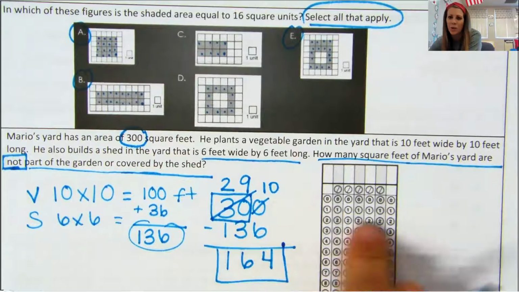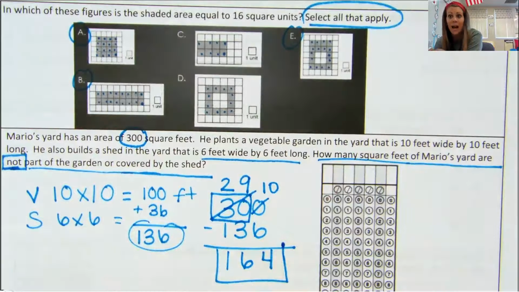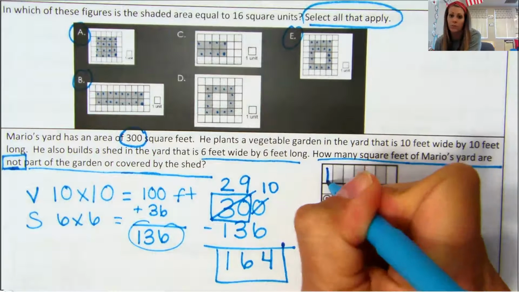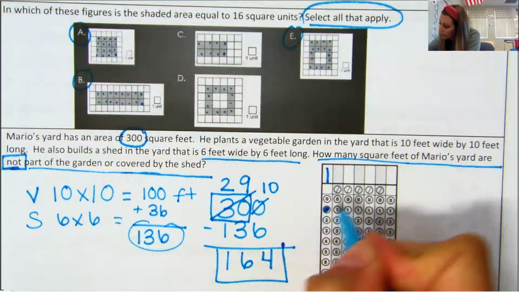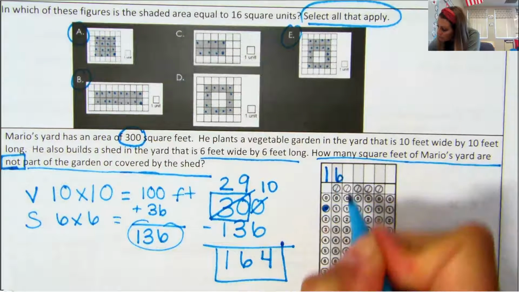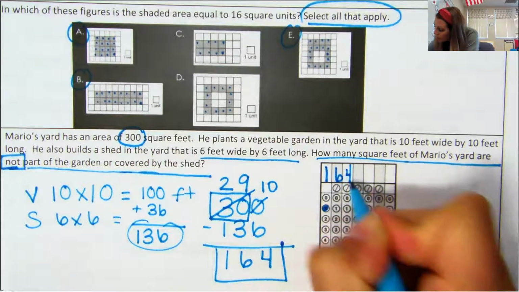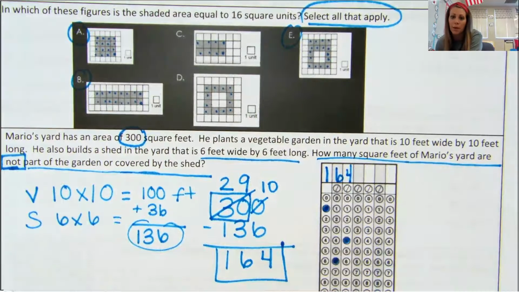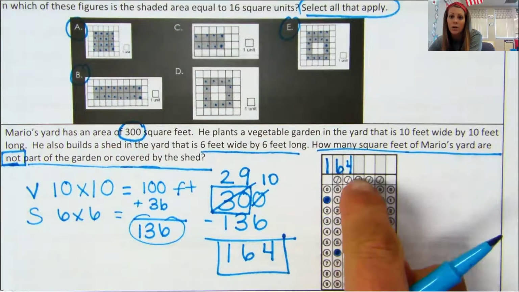We don't have to write square feet here, but when we write it, we write just like how we would read. We would start here and write our 1, bubble it in. Then we write our 6, bubble it in. And then we write our 4 and bubble it in, making sure each time that our bubbles are dark and matching the number in the column that we wrote it in.